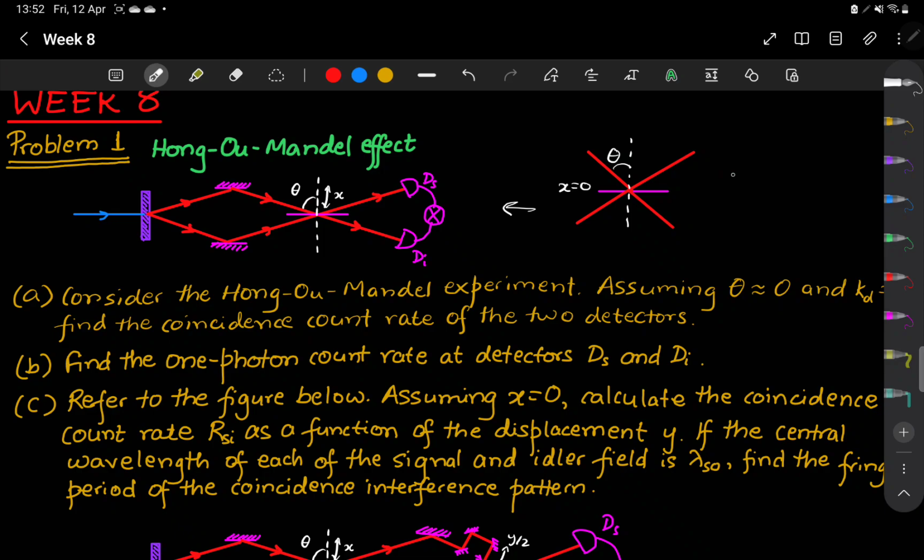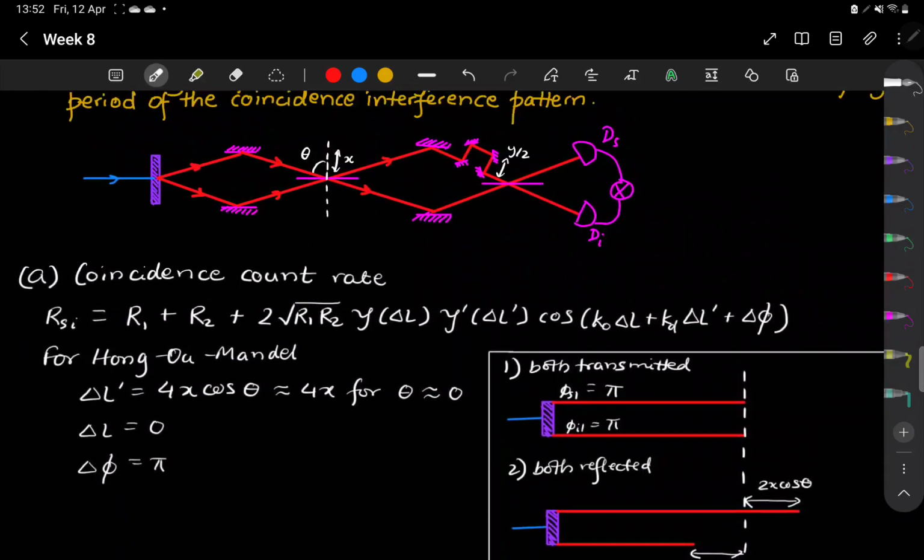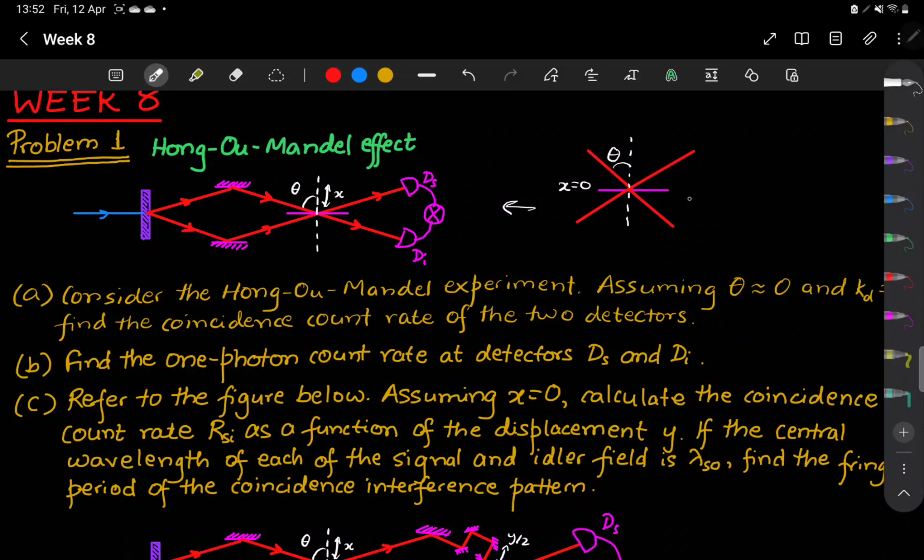Now if we move this beam splitter, let's say downwards by x, and this is signal, this is idler, then the additional path that the signal will have to travel.